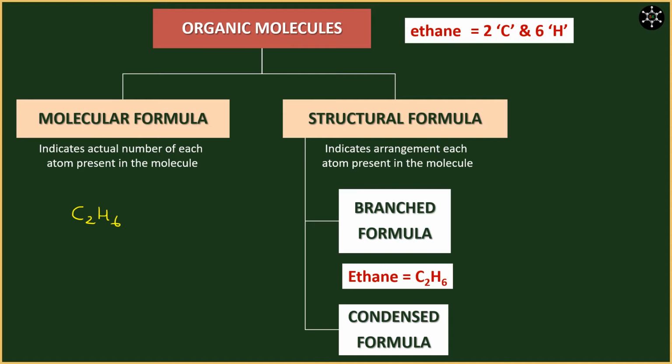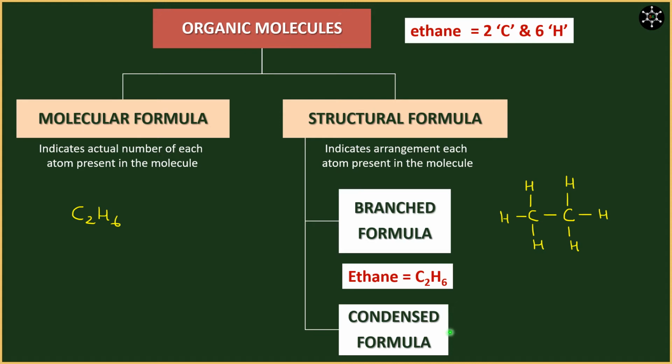In ethane, there exists a single bond between carbon and carbon. We know that carbon valency is 4, so both carbon atoms must be having 3 more bonds on it. This will be connected to 6 hydrogen atoms. This is the branched formula for ethane.